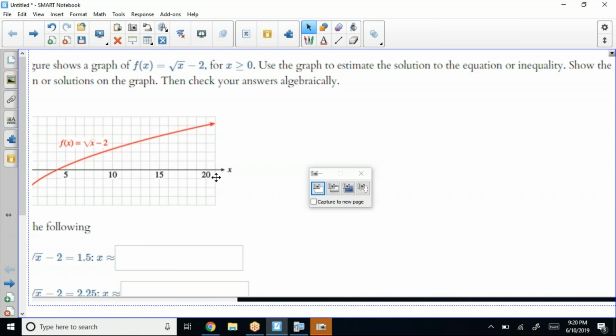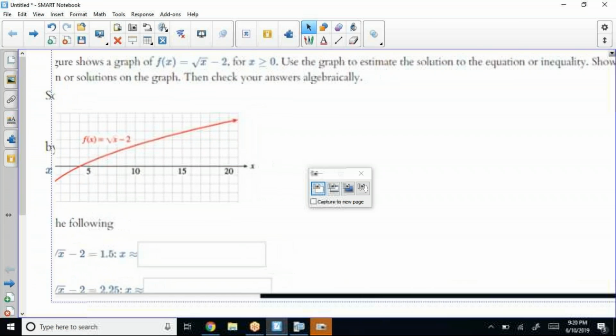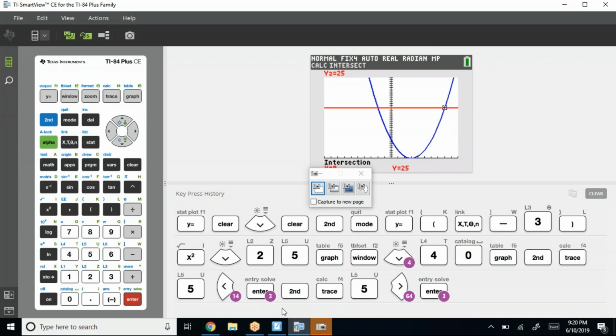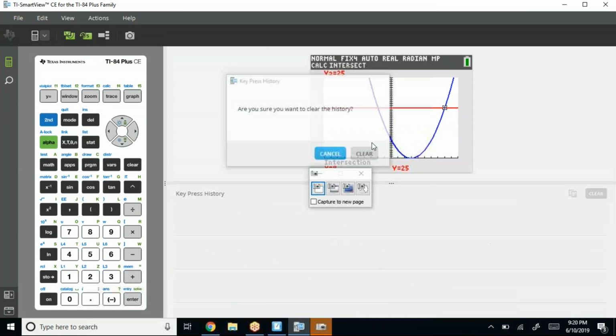We'll go out to 21 on our x, and let's see what our y's need to go to, just -2 and there we go, -2 and +3. So here we go. Okay, so we hit clear here.